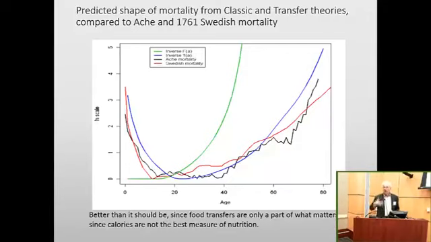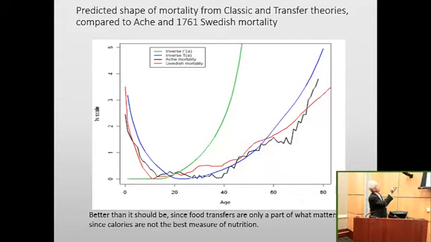This was a sort of anomalous prediction of the theory that made Hamilton uncomfortable, which he was well aware of. And then, as we move through the reproductive years, the share of remaining fertility declines and mortality rises, and that's the prediction. Now, this blue line is the prediction of the transfer theory for the optimally evolved quantity-quality trade-off.